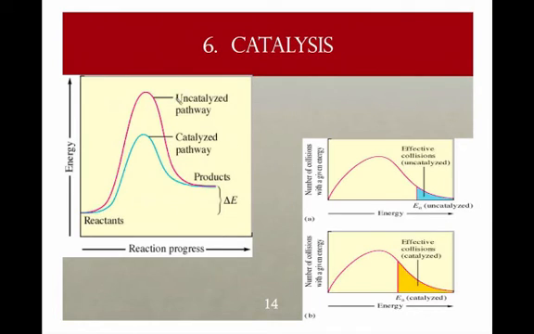Now, this shows you the diagrams that we've seen before. All right. So this was our activated complex in the uncatalyzed, and it now has a lower energy because we've provided an alternative pathway that stabilizes the complex or provides a new complex with lower energy. But the key here is we have a lower activation energy.